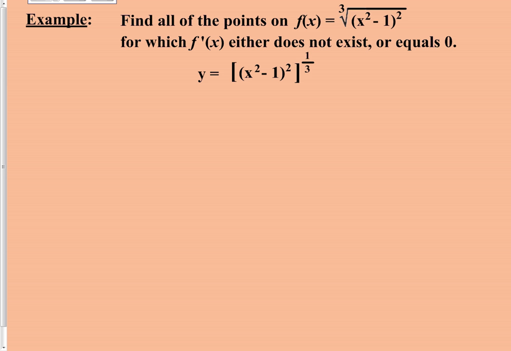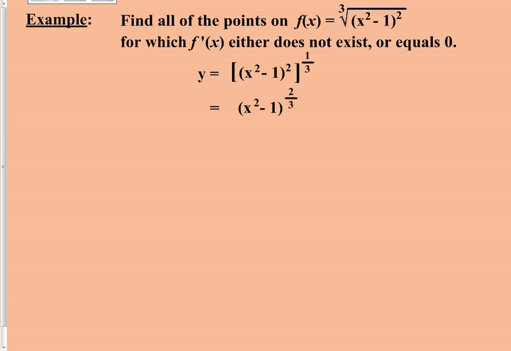Since our derivatives are working numerically, it would be better to see the numbers than the radicals. So I'm going to rewrite it as the quantity x squared minus 1 squared to the 1/3 power. Now, applying law 3 of the laws of exponents, we can combine the two exponents on the outside, and we have the quantity x squared minus 1 to the 2/3 power.